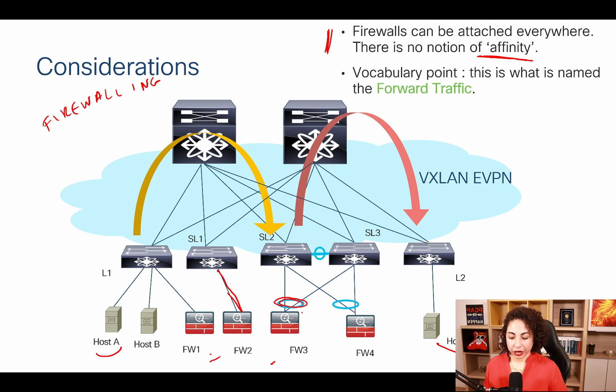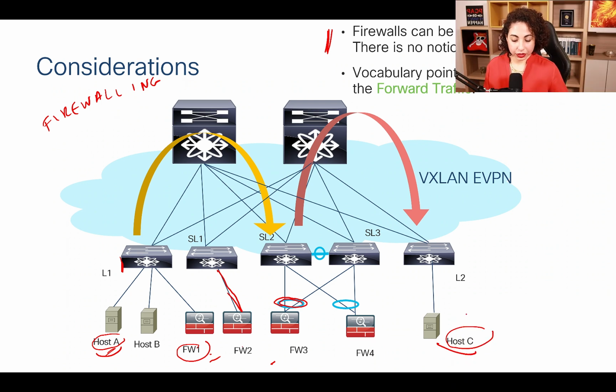There is no kind of priority given to, for example, firewall 1 because it is connected to the same leaf as host A. Because again, the hashing algorithm, what it takes into account is the header of the flow from host A to host C. We are not checking where the firewalls are physically connected. And it would not make sense anyway because they can move if it is VMs, etc. But that's the idea. There is no notion of affinity.